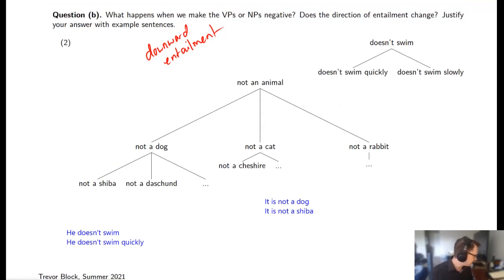So that's what was happening with that question. And although this wasn't asked in the question and this wasn't up at the forefront, this was another push at the differences between entailment and presupposition. Because with entailment, we see there's a change. When you negate a sentence with entailment, the entailment changes direction.